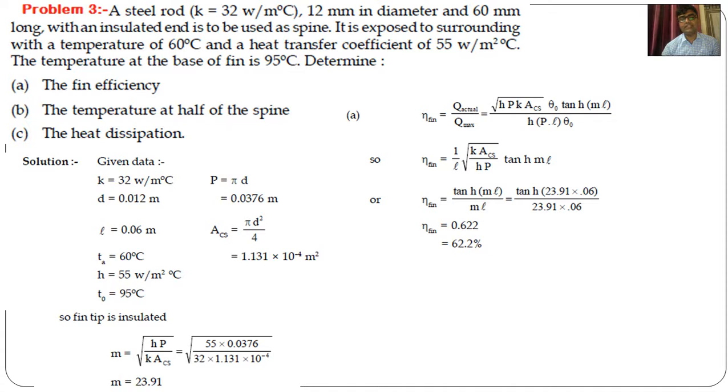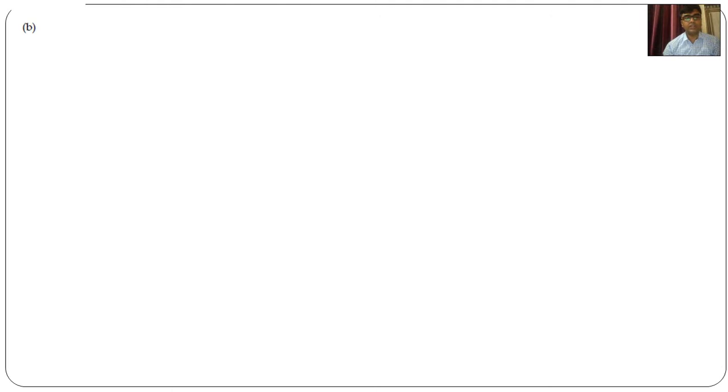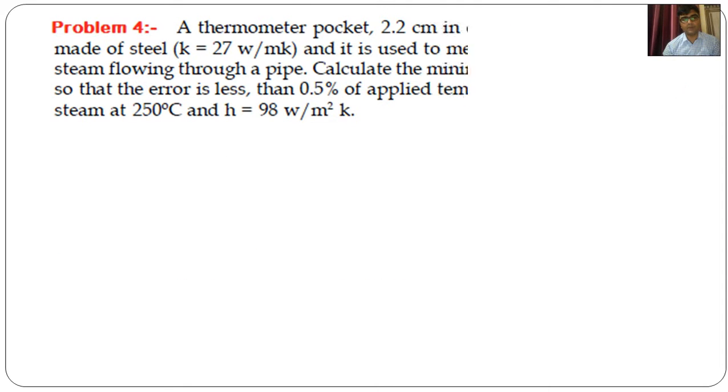If it is mentioning to find out the heat dissipation at the half of the fin, then definitely you calculate the del T over del x at x is equal to L by 2, derive some formula, put in all those values and evaluate the rate of heat transfer. But if it is only mentioned to find out the rate of heat transfer, it means calculate the rate of heat transfer from the root of the base. Okay. So let us move to the next problem.